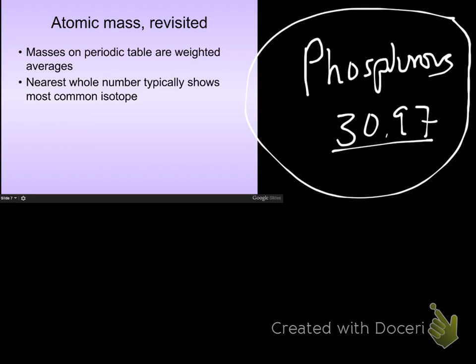It's an average. There is not an atom of phosphorus anywhere that has a mass of 30.97.